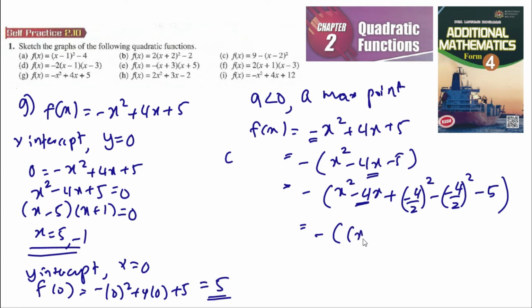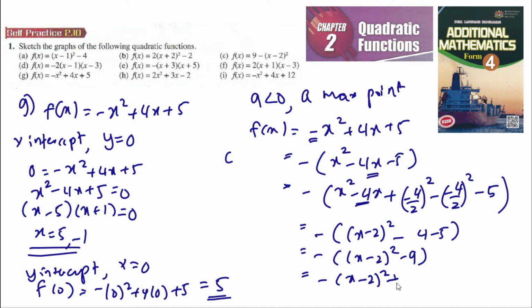So (x minus 2) squared minus, negative 2 squared is 4, minus 5. So we get negative [(x minus 2) squared minus 9]. When we open the bracket, negative (x minus 2) squared plus 9.